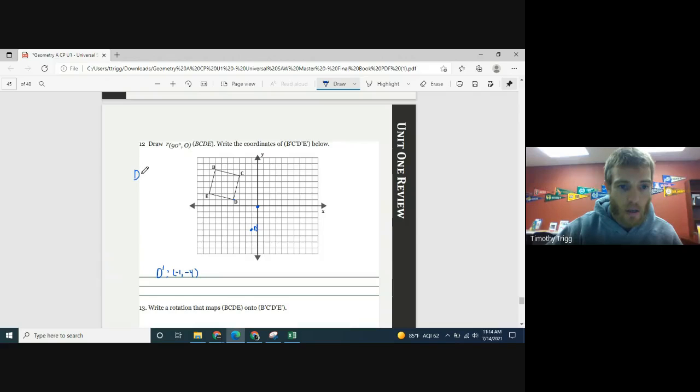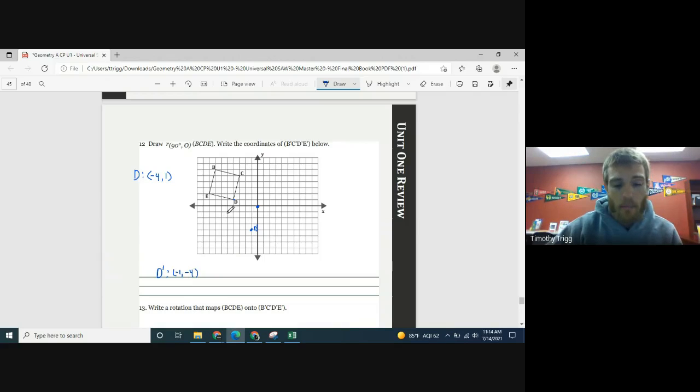The original coordinates for D was at -4, comma, 1. So if you remember, you could use tracing paper to trace this, rotate around this center of rotation. But you may also notice there's a certain pattern, right? Where you flip the x and y, and then whatever the y coordinate was changes signs.